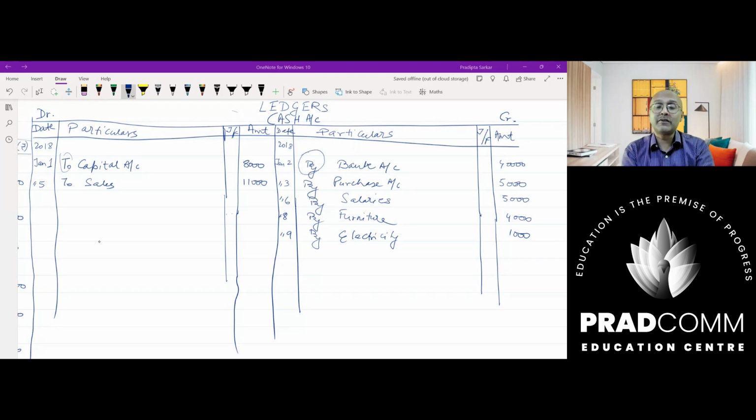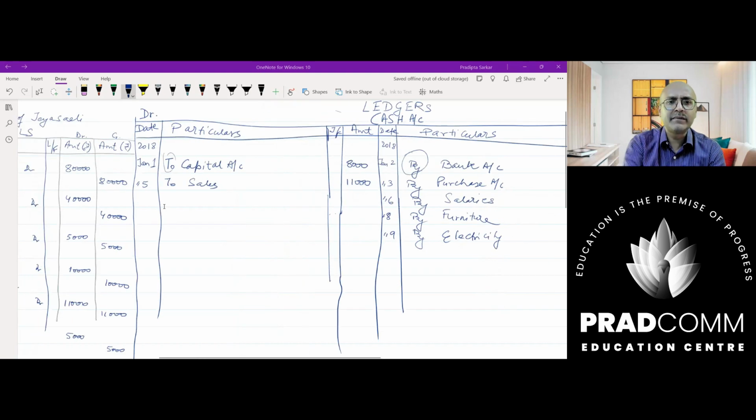The most important portion of the ledger is balancing an account. So how to balance? You will have to first calculate which side is bigger. On the debit side, as you can see, there is 8,000 and 11,000. And I think, oh, that is not 8,000, that will be 80,000.